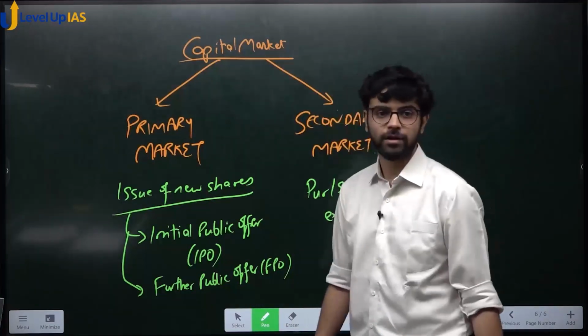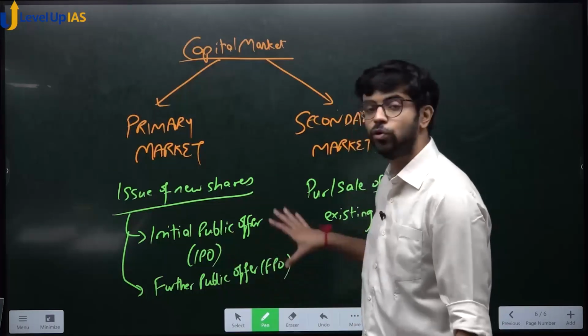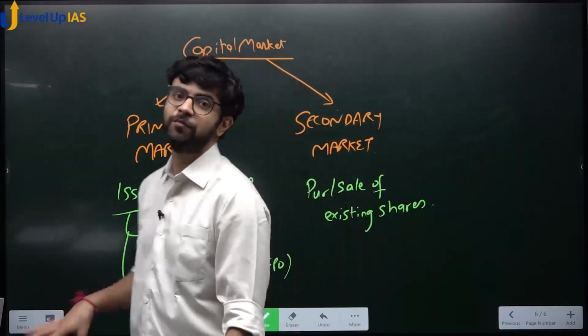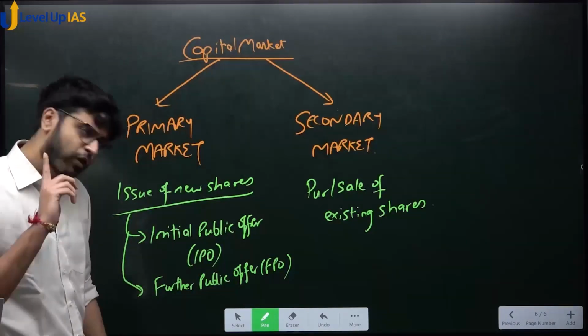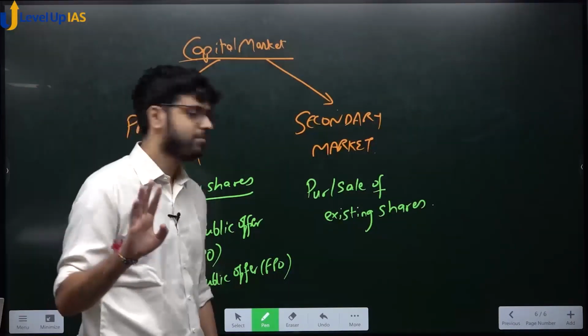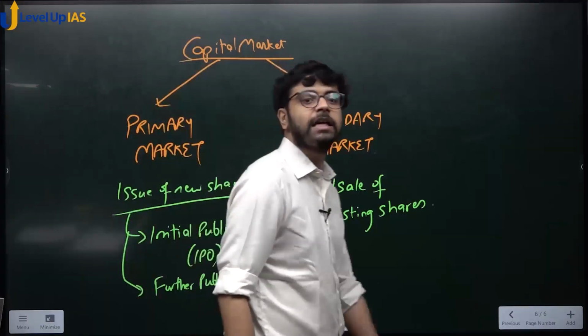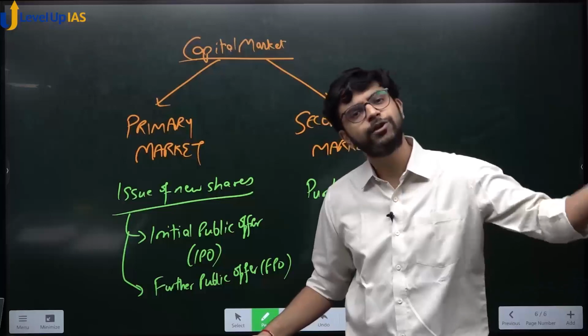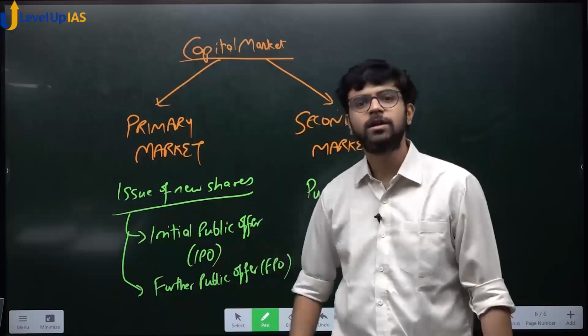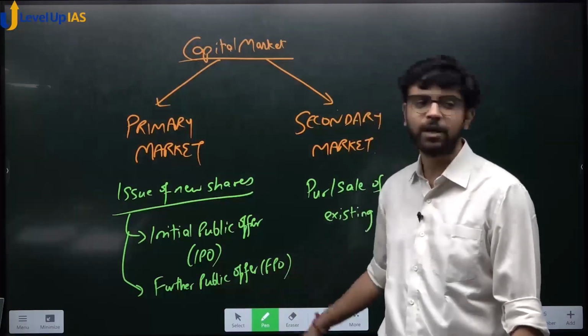So do not be confused between IPO, FPO and secondary market. A new issue of shares, if it is for the very first time, is an initial public offer. If it is new shares, but new shares have been issued before too, this is a repetition of new issue of shares, then it is a further public offer.